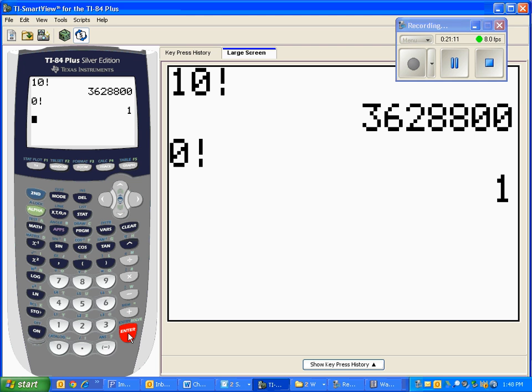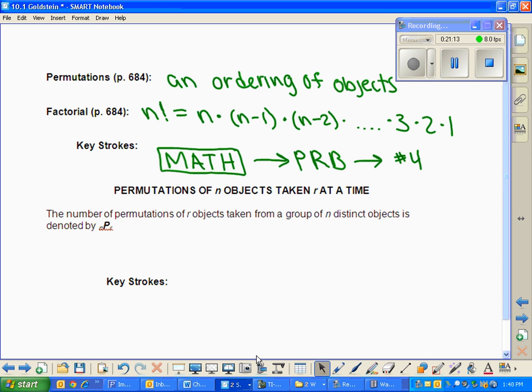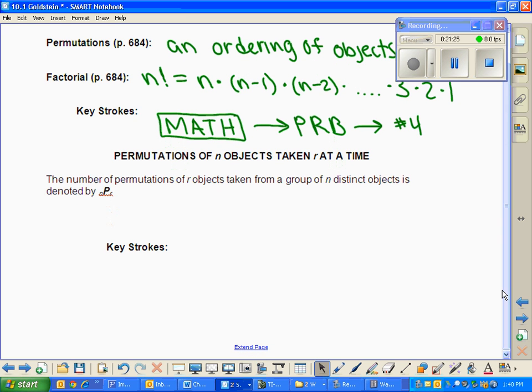Good question. All right, we are pros at factorials. Let us move on to this idea of permutations of n objects taken r at a time. You get this notation here, written with a little n and a little r next to the big P. The big P represents the word permutations.